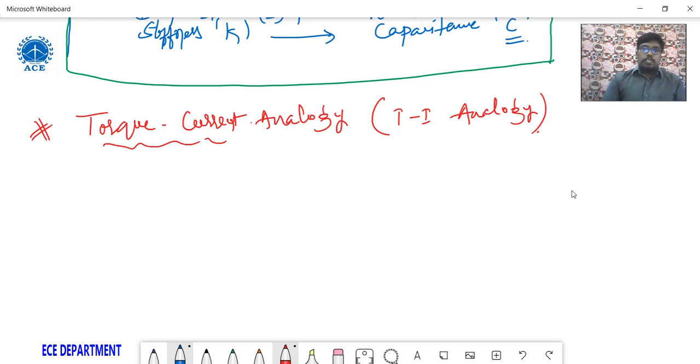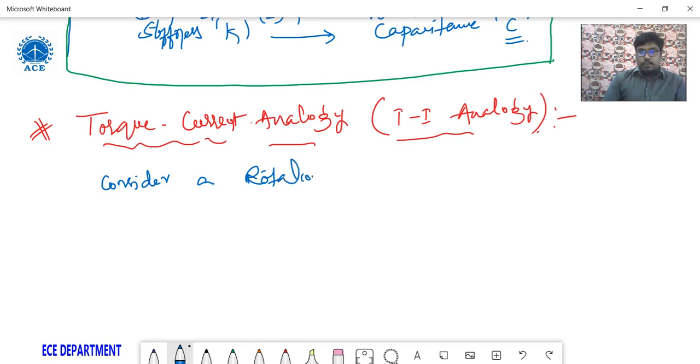So let us use the torque current analogy. Now same process. Consider a rotational mechanical system. Let us draw the system. Same system I am taking for convenience.